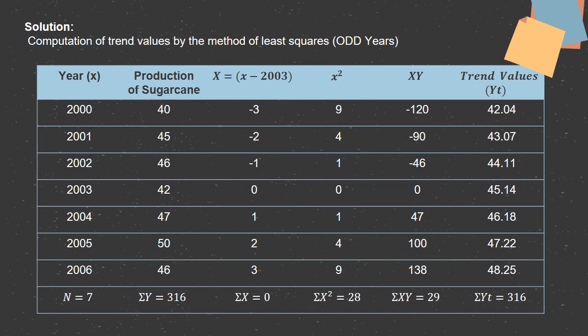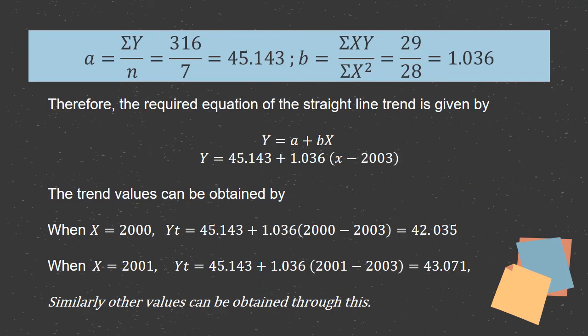Trend values are our y t. We have 42.04, 43.07, 44.11, 45.14, 46.18, 47.22, 48.25. The summation of y t is 316. a = summation of y over n = 316 over 7 = 45.143.